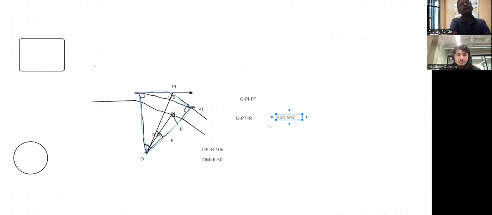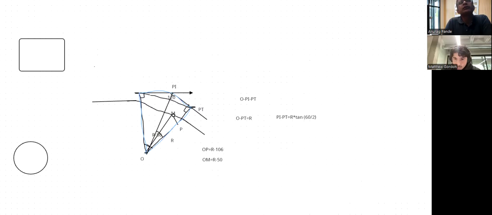And we know what the tangent is for a circular arc, that's the formula, right?